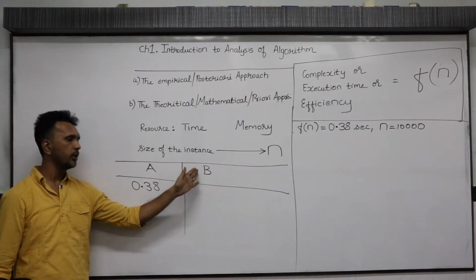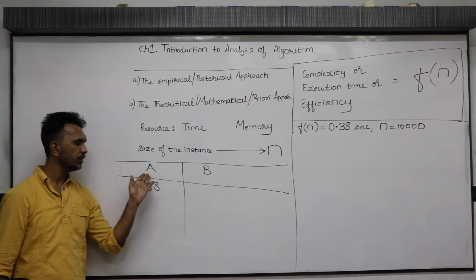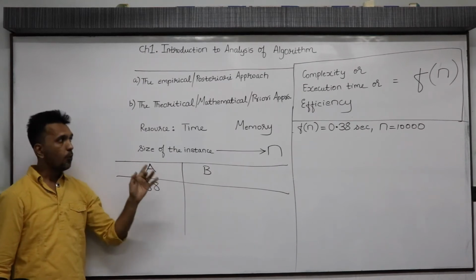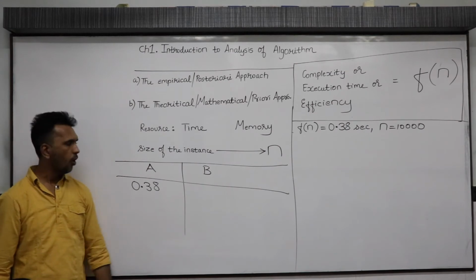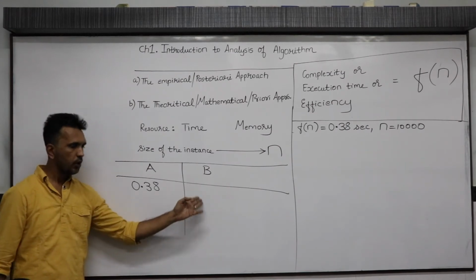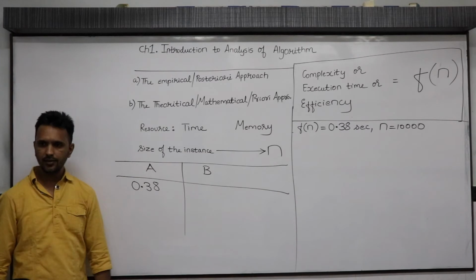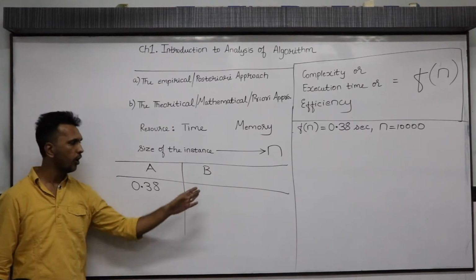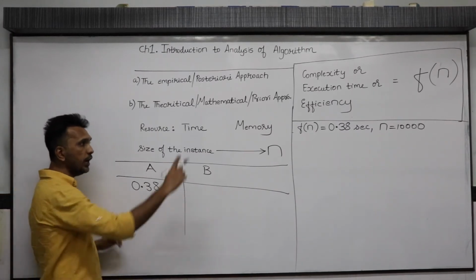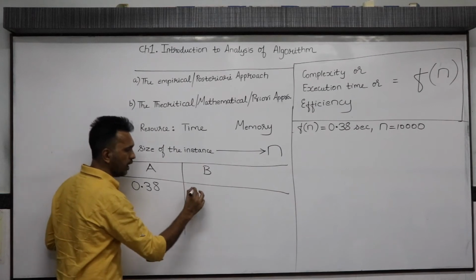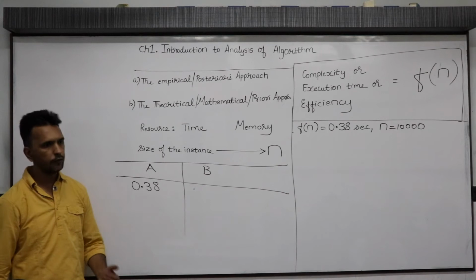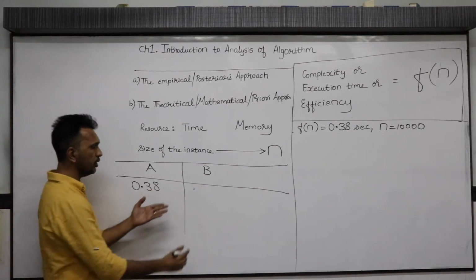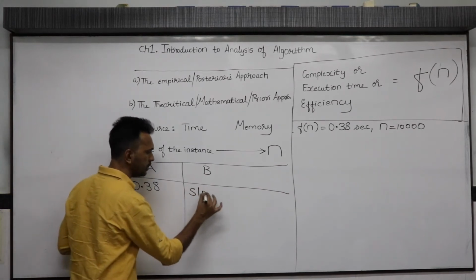All in all, its configuration is much lesser than A. When you execute the same algorithm on computer B for the same value of n, will it execute faster or slower on computer B? Slower. Definitely slower, because here the hardware, the machine itself, is slower.